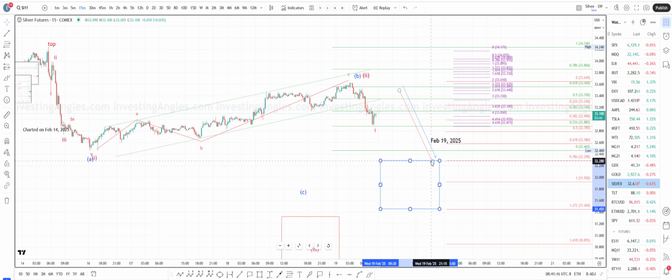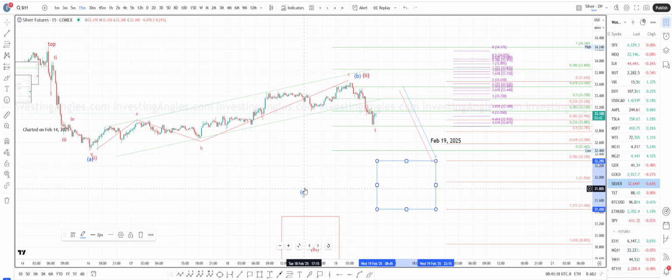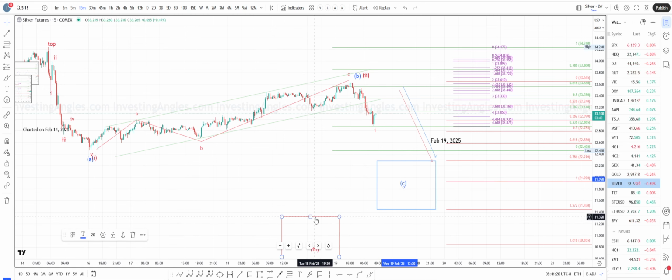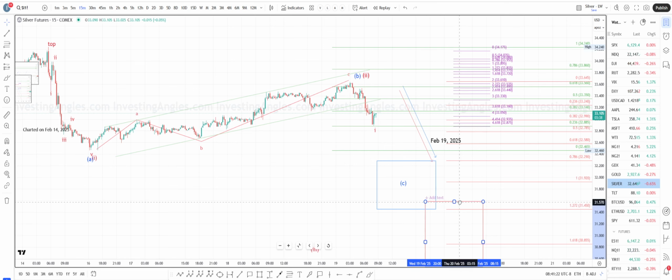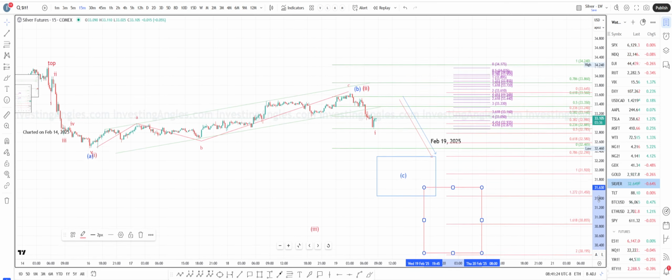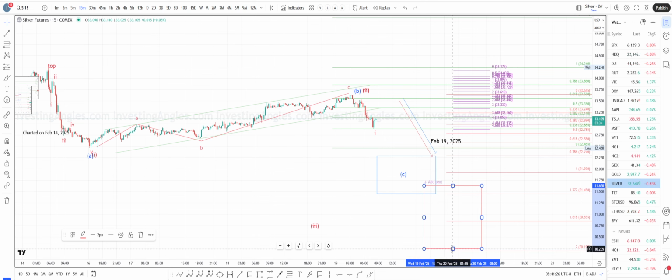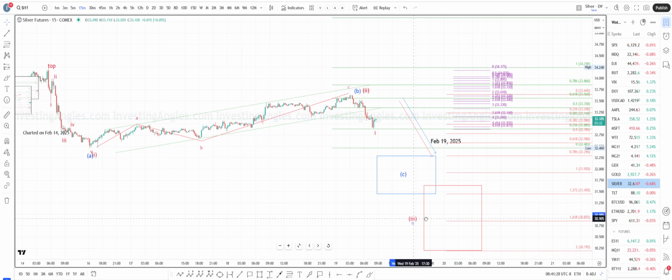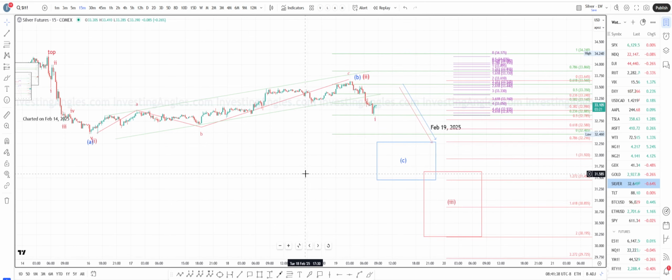We were looking for either this perspective for potentially wave C, or a bigger perspective, potentially wave 3. And in our case, this impulse is fairly small, and for wave C it wouldn't fit very nicely if it moves upwards here.